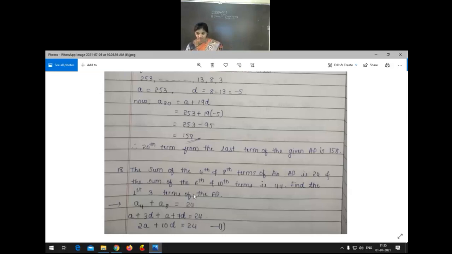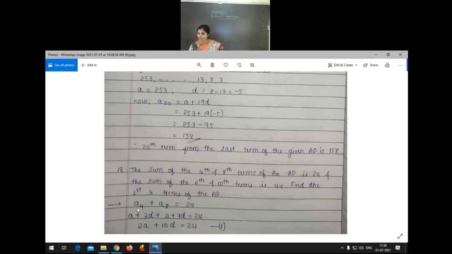Once A we have to find out and D we have to find out. So now let us take the first data. 4th and 8th term sum is 24. That is A4 plus A8 is equal to 24. Okay, now we'll work out this. First we'll finish this data. Then we'll take A6 plus A10 is equal to 44.